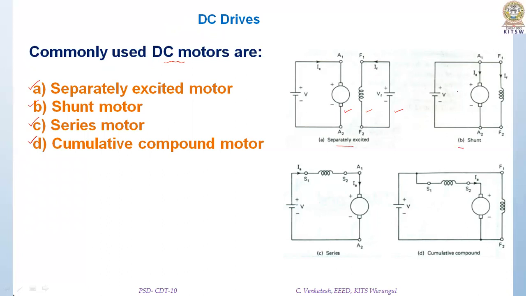In case of a shunt motor, the field winding is connected in parallel, or in shunt, with the armature winding and then connected to the same supply. In case of a DC series motor, the field winding is connected in series with the armature winding, and in a compound motor, there will be both shunt field winding and also series field winding. Here the cumulatively compound motor, particularly the long shunt cumulatively compound motor, is shown.